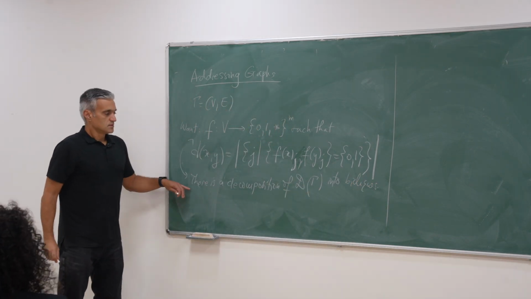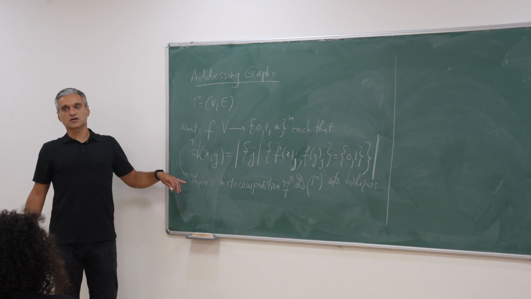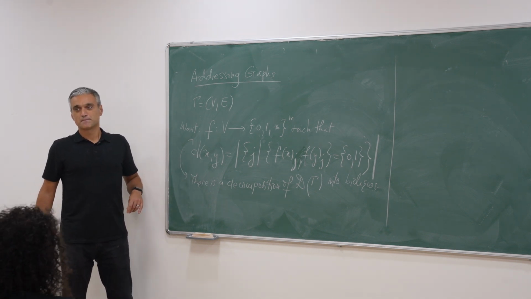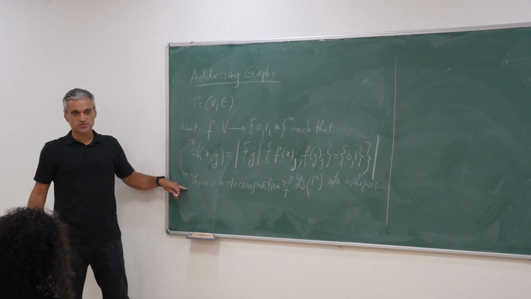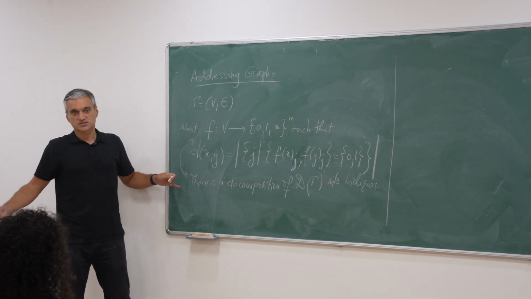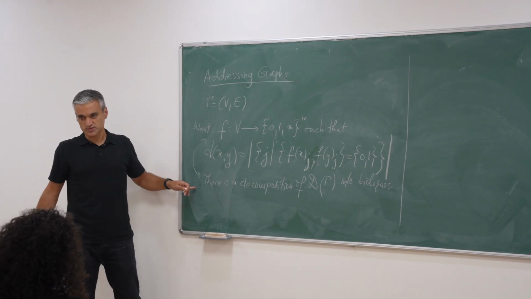Now, is there always a decomposition of D of gamma into bicliques? This question is equivalent to this one. How can you do it? Every edge is a biclique, so you can always do it.